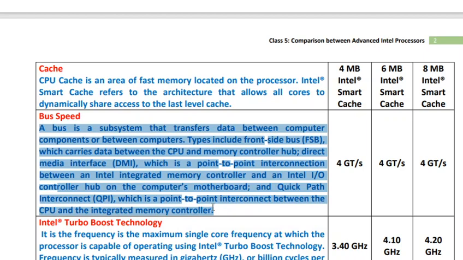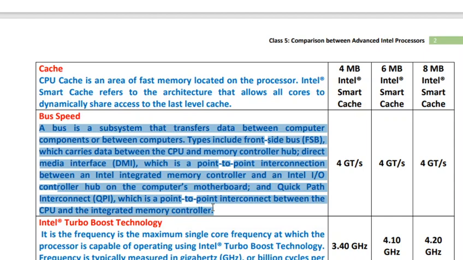The types include front side bus, which carries data between the CPU and the memory controller hub; Direct Media Interface, which is a point-to-point interconnection between an Intel Integrated Memory Controller and an Intel I/O controller hub on the computer's motherboard; and Quick Path Interconnect, which is a point-to-point interconnect between CPU and the integrated memory controller. These are the different types of buses that you can have.